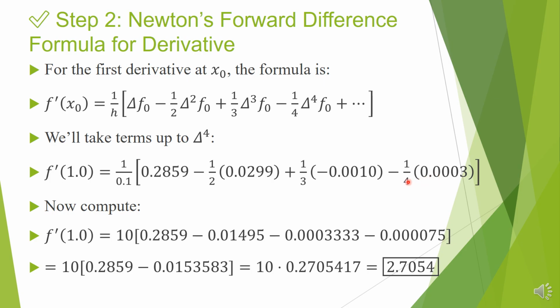After putting these formula values, then we will simplify. 1 divided by 0.1, then we get 10. You write the same number, minus sign the same. This number divided by 2, then you get this number.